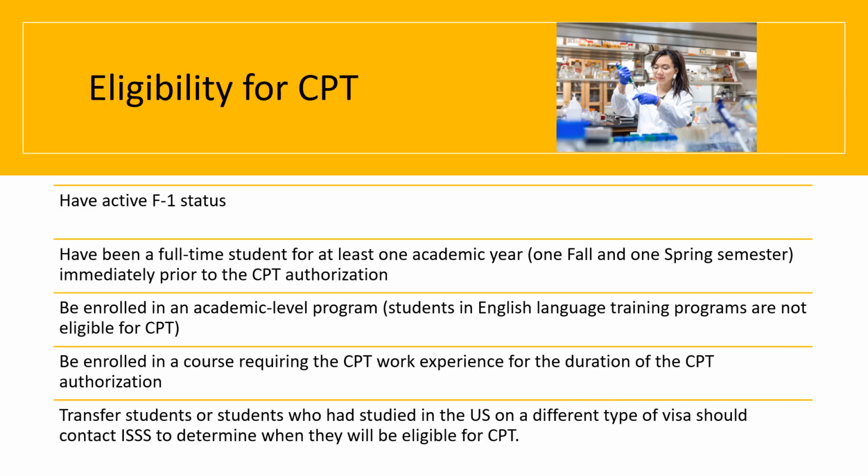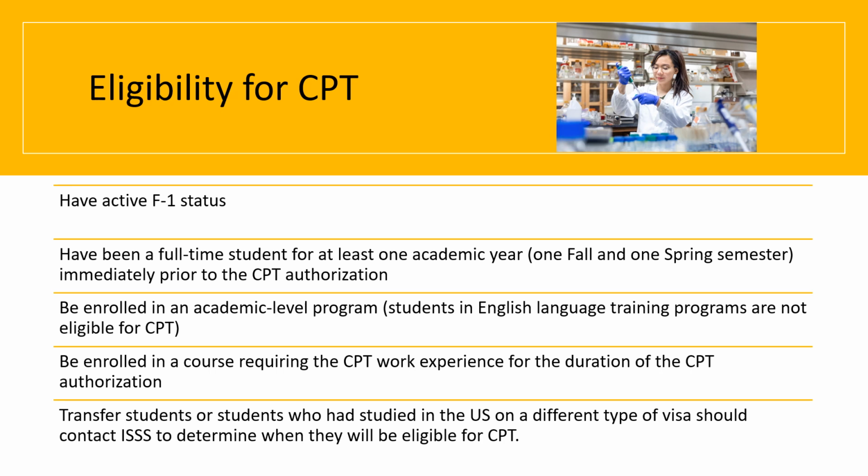Eligibility for CPT. In order to be eligible, students have to have an active F1 status, have been a full-time student for at least one academic year, one fall and one spring semester, immediately prior to the CPT authorization. Be enrolled in an academic level program.